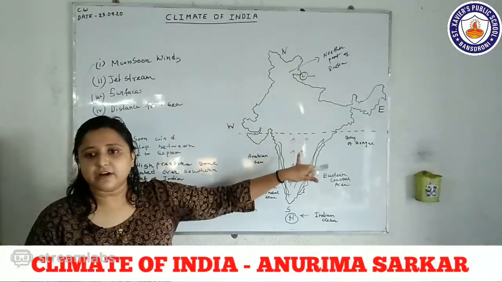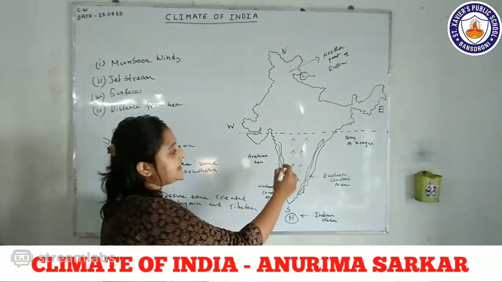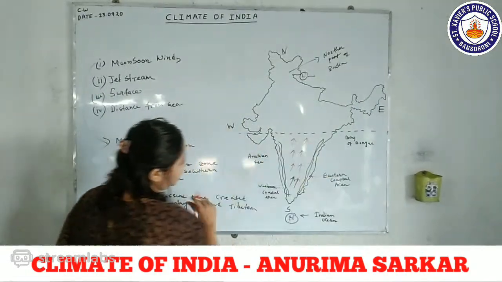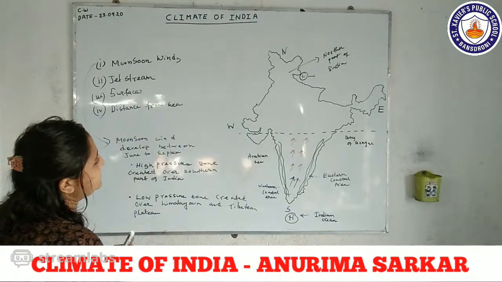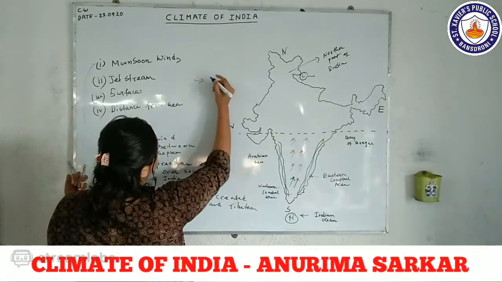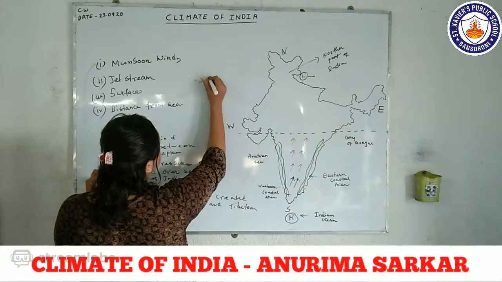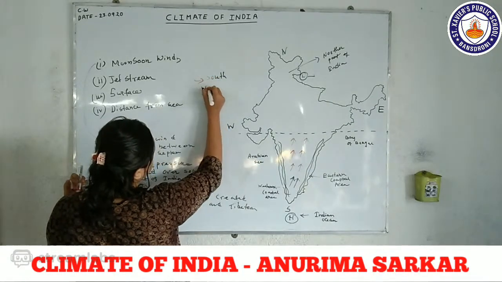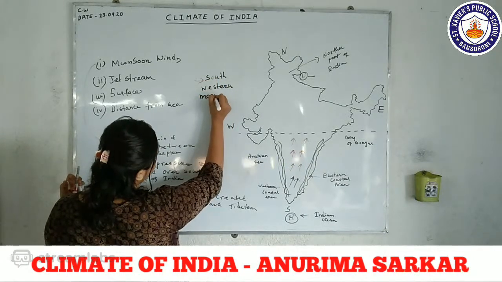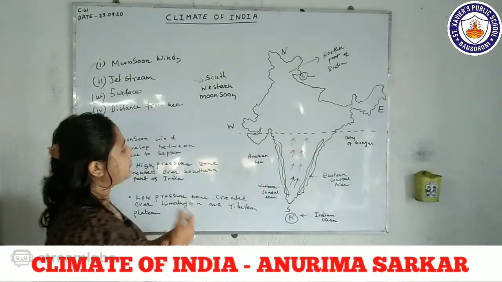After crossing the Tropic of Cancer, there is a major change in this wind system. So this wind system is known as the southwestern monsoon, right? This red one is known as the southwestern monsoon.